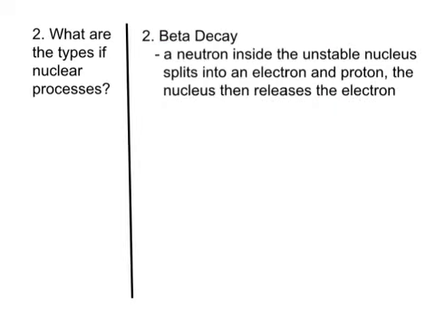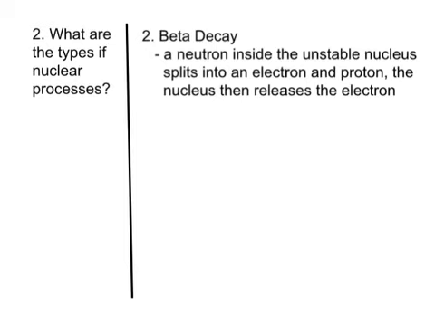All right, our next type of nuclear process that we're going to talk about is beta decay. Beta decay is where, in an unstable nucleus, one of the neutrons splits into an electron and a proton, which is kind of weird to think about. But if you take an electron and a proton and you put them together, you get a neutron, right?